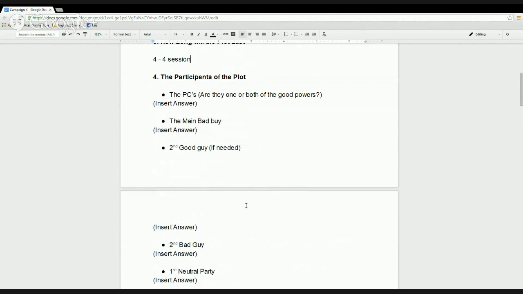The first one that we have, and it is my turn to make a decision, is the PCs themselves. Now, in a traditional plot structure, and again, for the 7 forces, you have 2 forces that are good guys, 2 forces that are bad guys, 2 neutral forces, and a wild card. And we're going to make all 7 of these right now. In a traditional plot structure, the PCs are at least one, if not both, of the good powers.